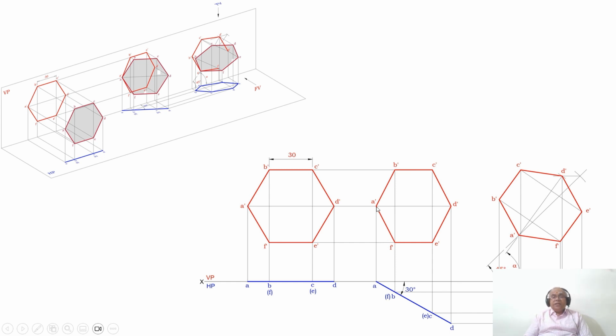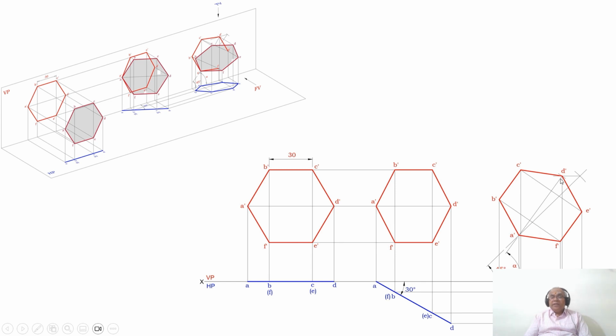Then you measure the distance from A dash to this point, which is the same as from D dash to this point. So you transfer from A dash to this line, which is the alpha inclination line. Similarly, with the same radius and D dash as center, cut on the previously drawn arc.